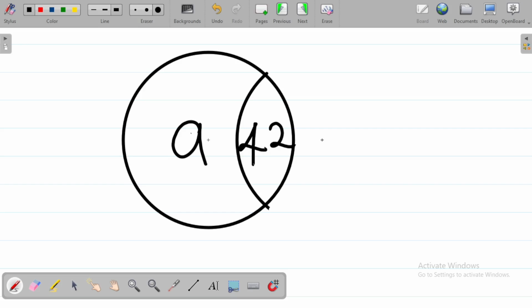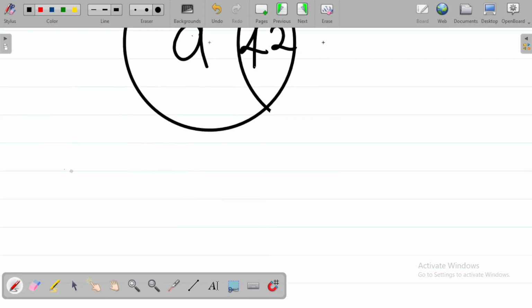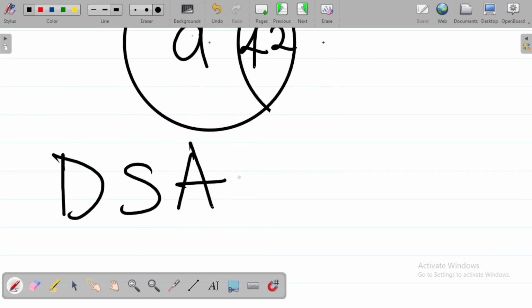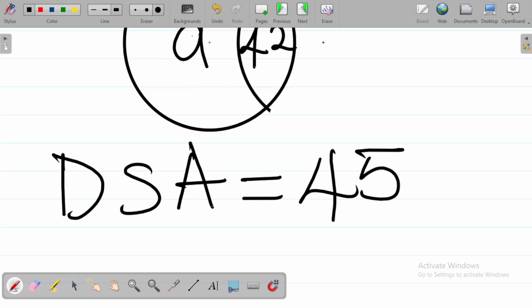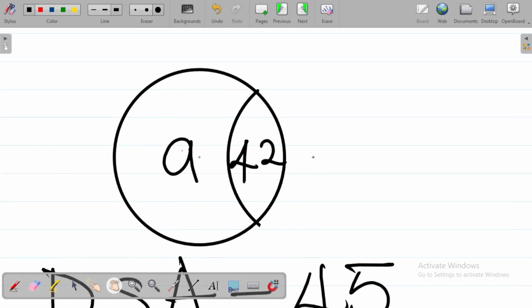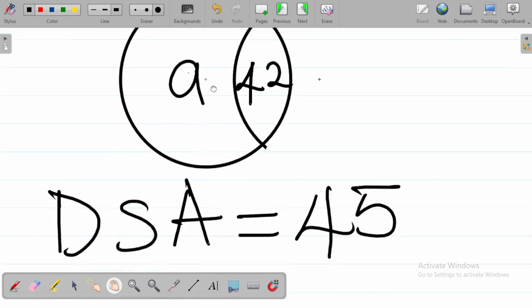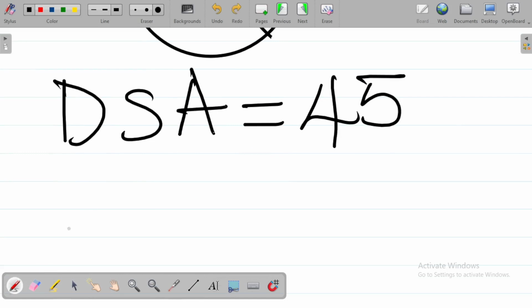So we are looking for the value of A. Remember, we are told that DSA is equal to 45, and DSA is the entire circle. So if DSA is the entire circle and we have 42 here, what then is the value of A?